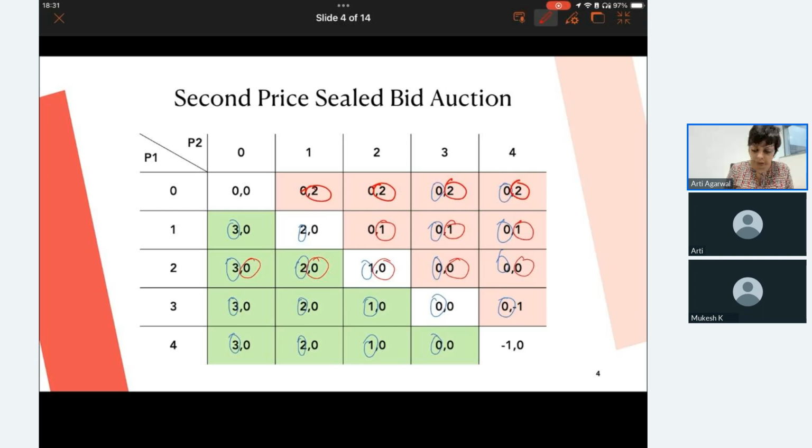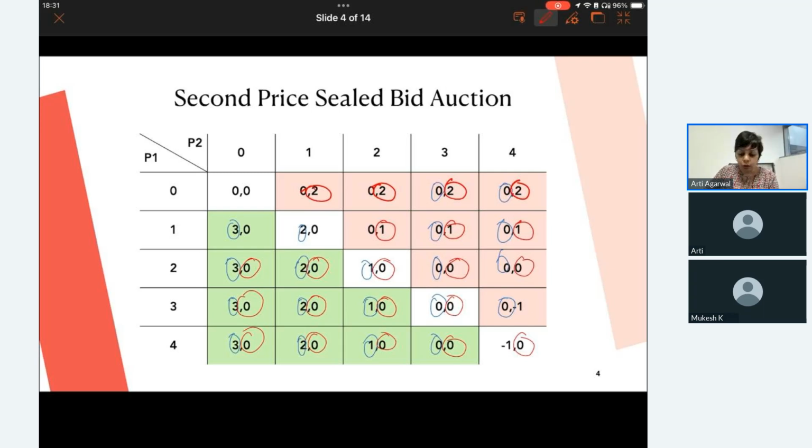Now, if player 1 is playing 3, then player 2 is going to play anything other than strategy 4 because that gives him a -1 payoff. And if player 1 is playing 4, then player 2 doesn't care what he plays, because everything gives him a 0 payoff, right? These are all your best responses.